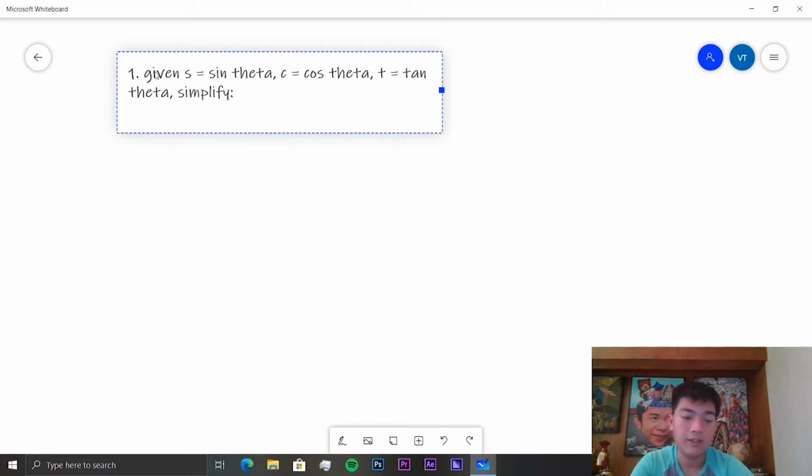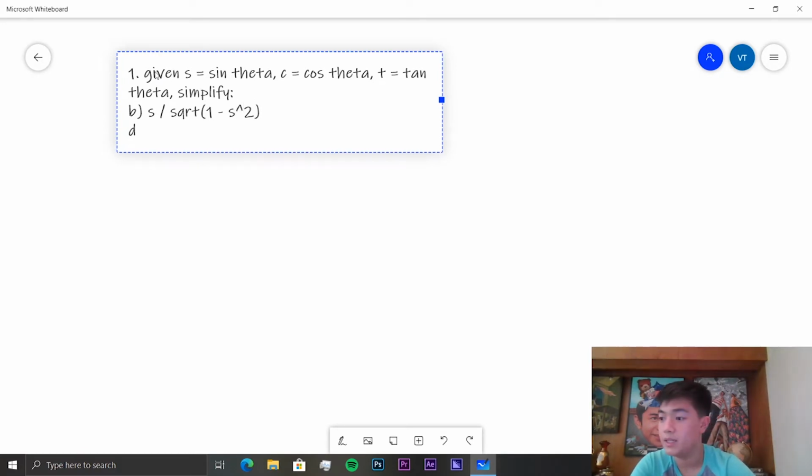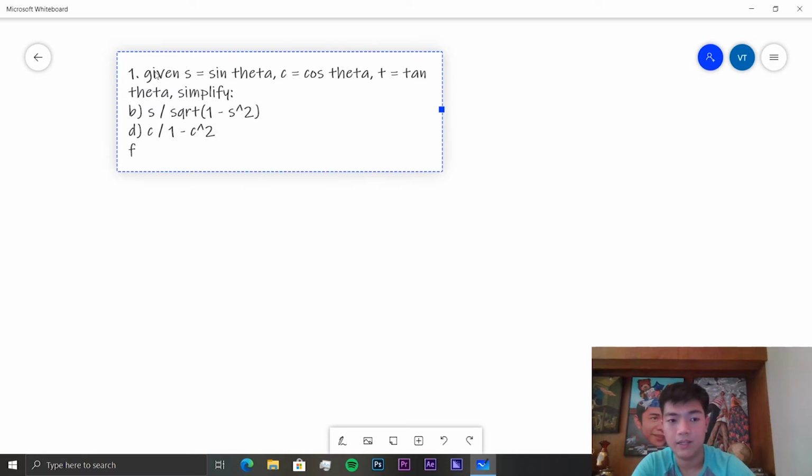We're alternating, starting from the second one. So we have S over square root of 1 minus S squared. D is equal to cosine divided by 1 minus cosine squared. And finally, F is equal to tangent over square root of 1 plus tangent squared.